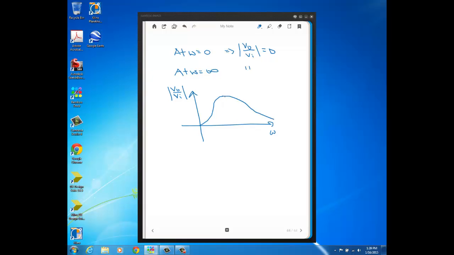See, you would get a bell-shaped kind of curve where the max would be at the resonant frequency, and then on each side of that resonant frequency you get a slope. Now, in general, this curve is not symmetrical, but there is a special case where for all practical purposes you can call it symmetrical. But in general, the slope on the lower end of the resonant frequency is going to be steeper than what you have on the higher end.